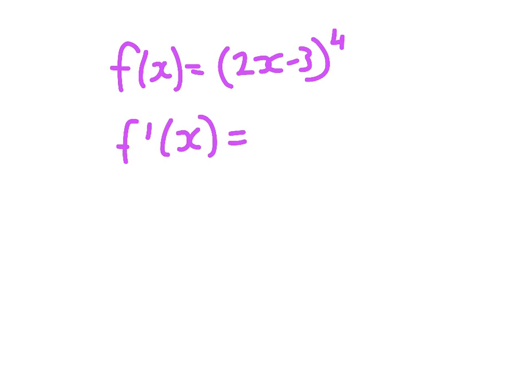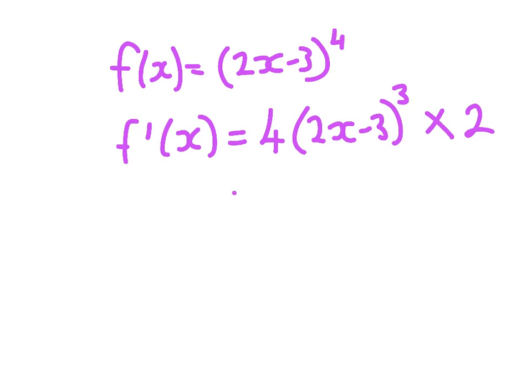So we multiplied by the power, leaving the bracket as it is, reduced the power by 1, and then multiplied by the derivative of what's inside the bracket. So in this case, I would think what happens when I differentiate 2x minus 3, and I get 2. And so I combine the 2 and the 4, so I'll get 8 times 2x minus 3 cubed.